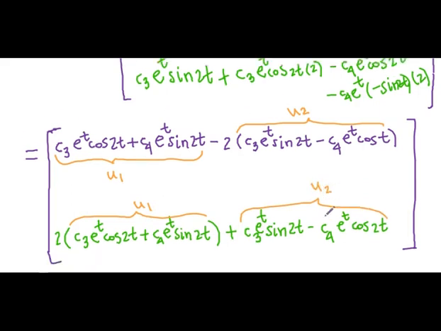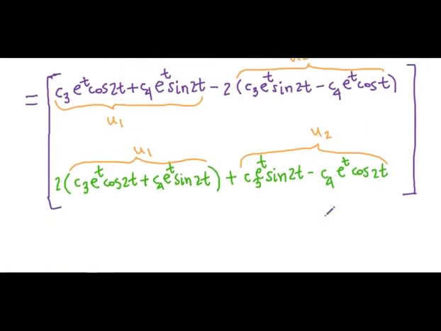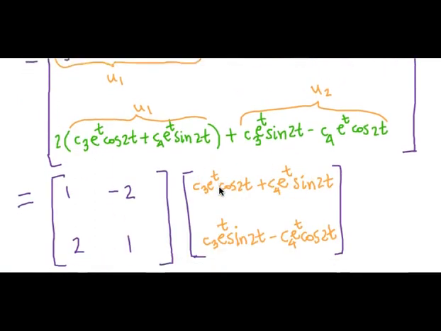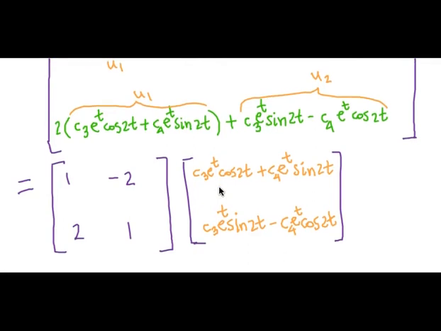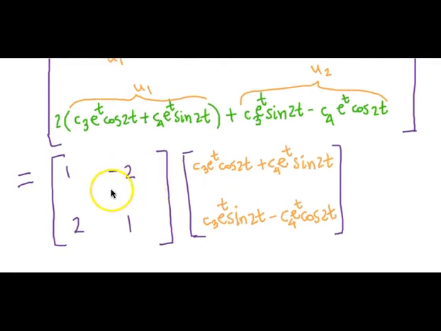So in other words, we can express that vector, and lastly, that vector can be interpreted as the matrix vector product, this 2 by 2 matrix with coefficients in the first row 1, -2, and entries in the second row 2, 1, multiplying this vector. You can see how this entry is u1 and this is the u2 entry.